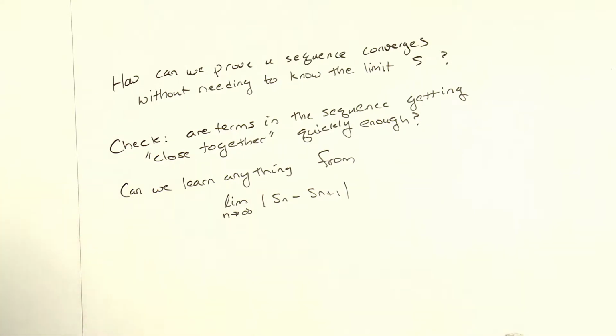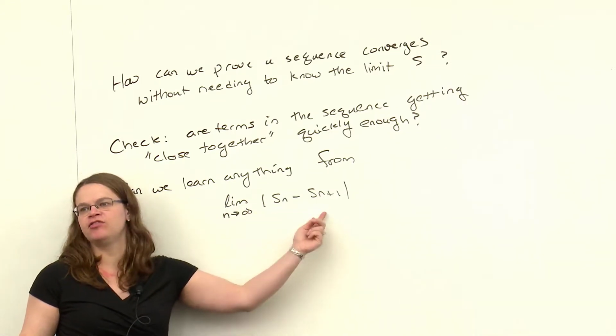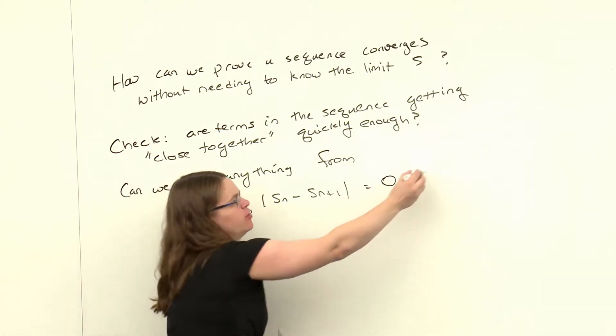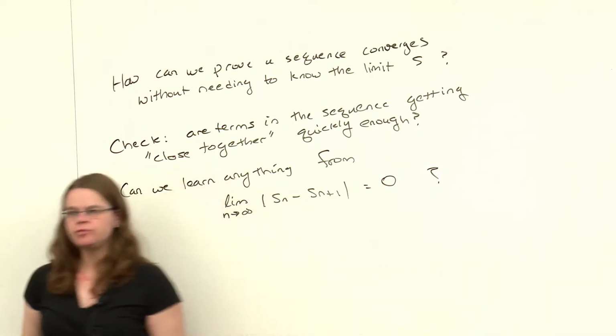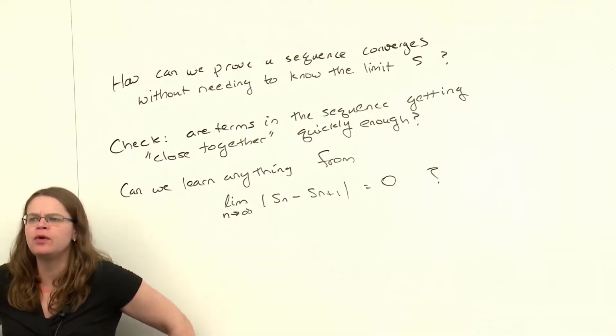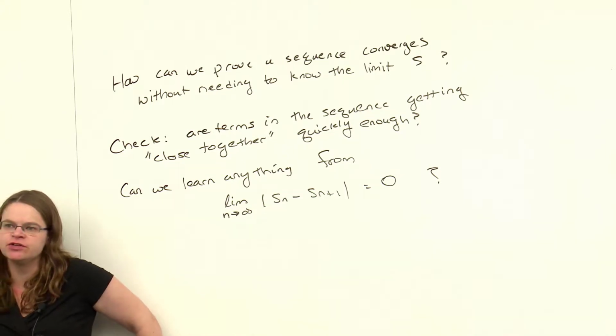And as n goes to infinity, if this sequence is converging, we should expect that this term is getting really close to S, and this term is getting really close to S. So the difference between these things should be going to 0. So what would you guess if you had to make an educated guess? Is this a good enough condition for convergence? Is it a reasonable condition?